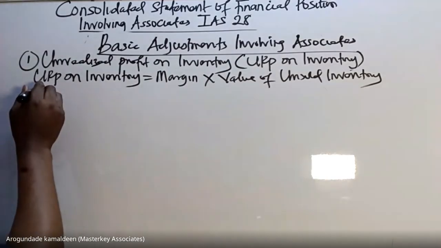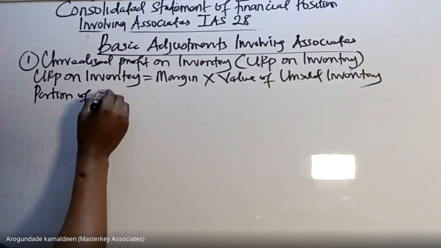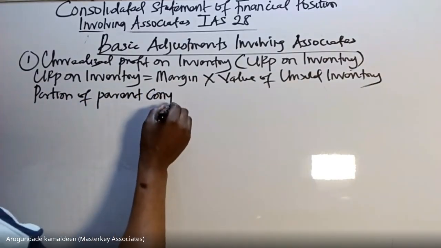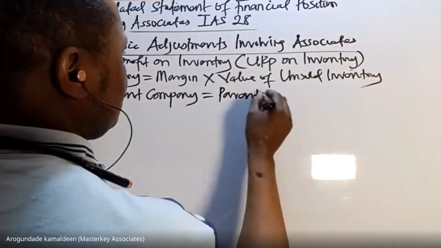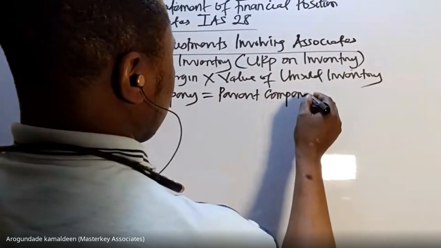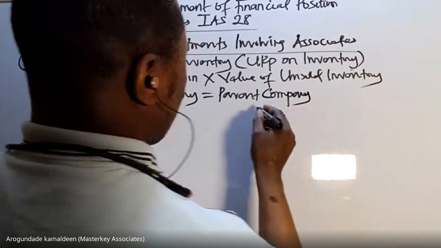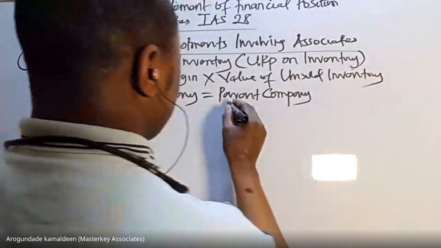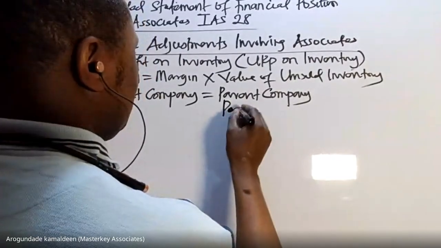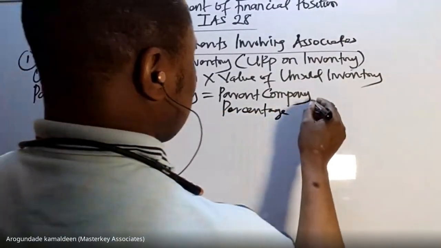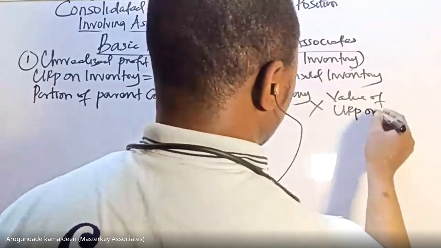The portion of the parent company. That will be the parent company percentage holding times the total value of the URP on inventory.